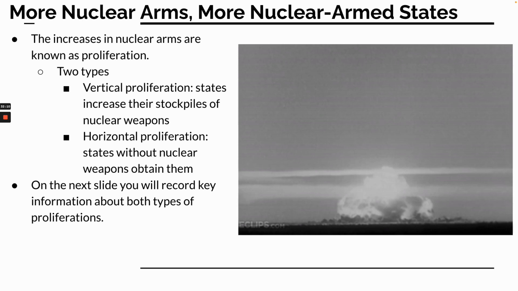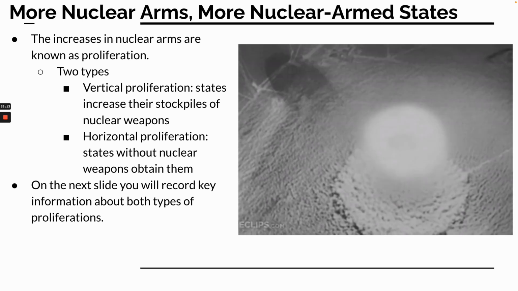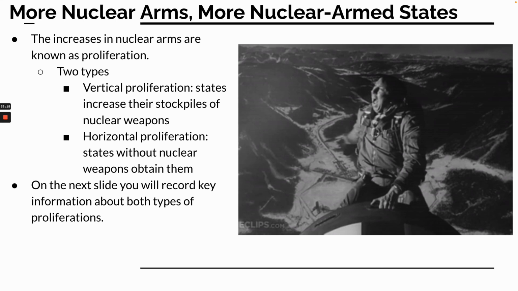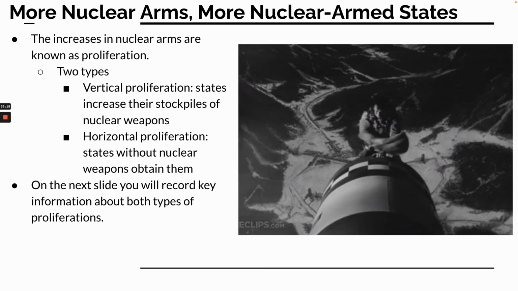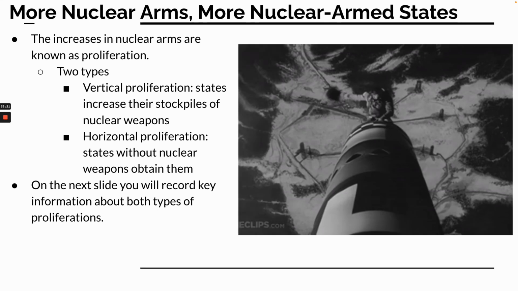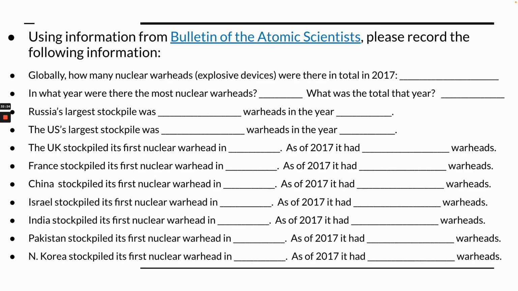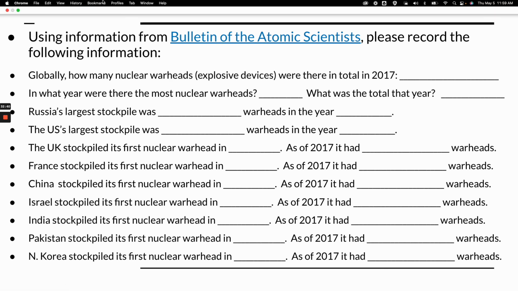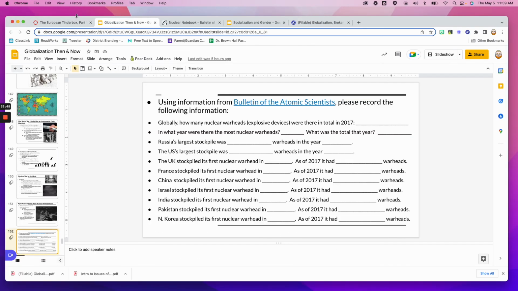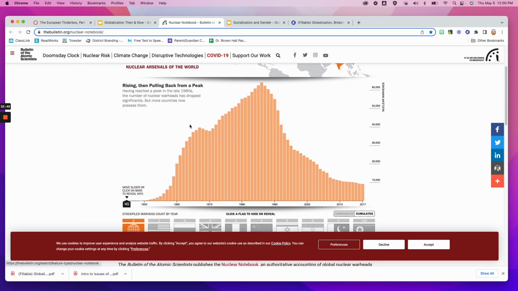Okay. Now, what you are going to start with on the next slide is recording some information about both types of proliferation. You are going to use this website to provide this information. Let's go ahead and open that link. All right.